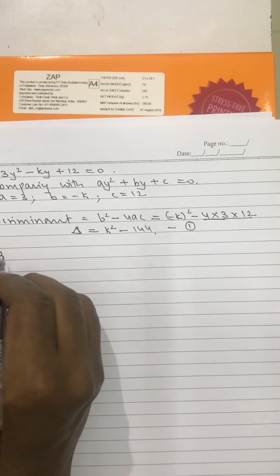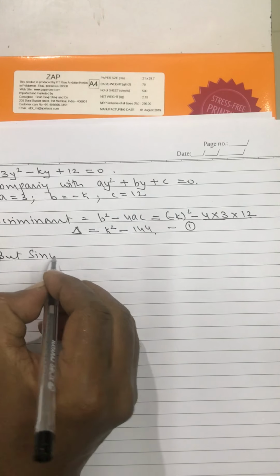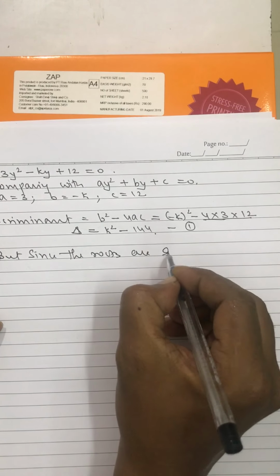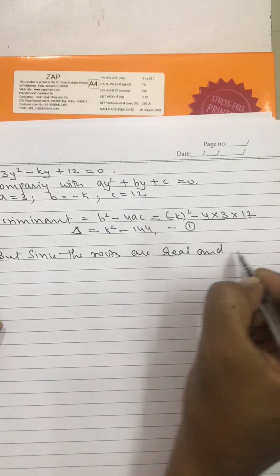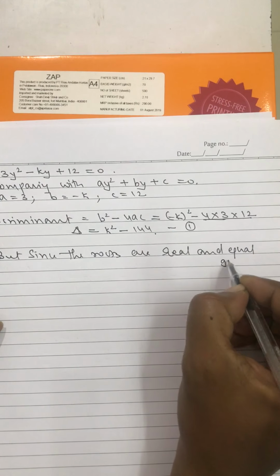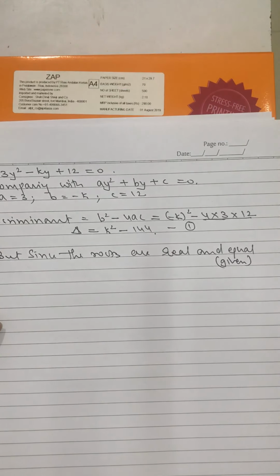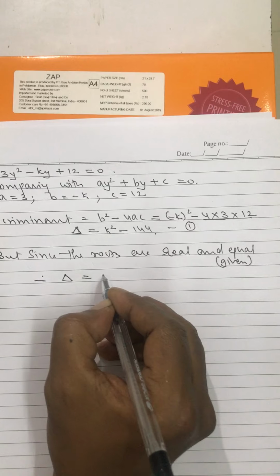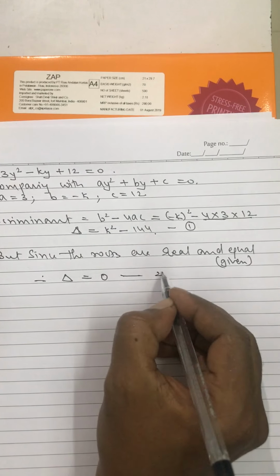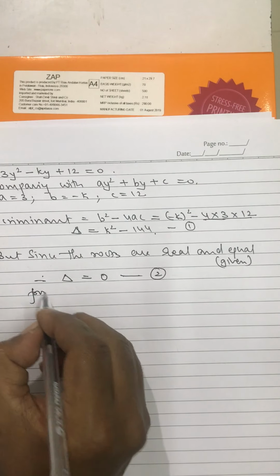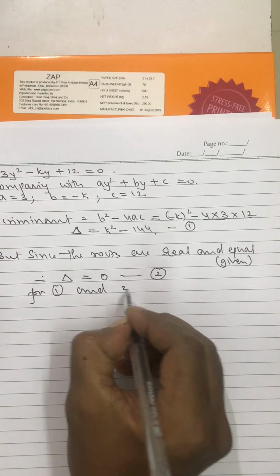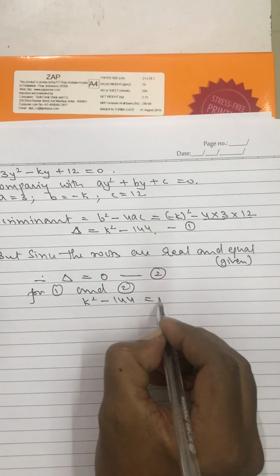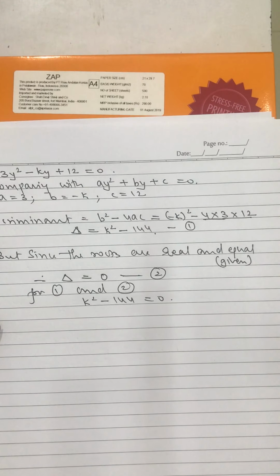But since the roots are real and equal, this is given, therefore delta, or the discriminant, is exactly equal to 0. It has to be equal to 0. Therefore from 1 and 2 you will get k square minus 144 is equal to 0. That's all. Now you have to solve this.